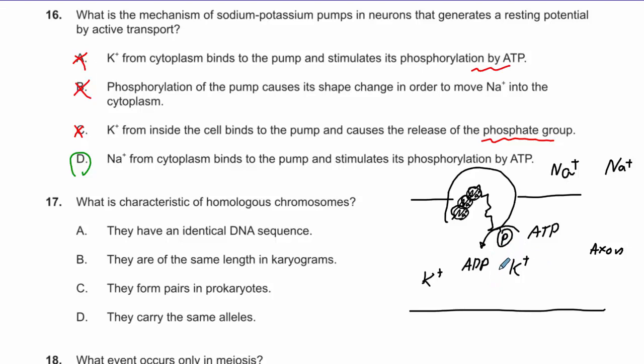The chemists in your class, or maybe you yourself, would say that this represents a lot of enthalpy, and this energy makes the protein transform so that these sodiums are released outside the cell. So D is correct.